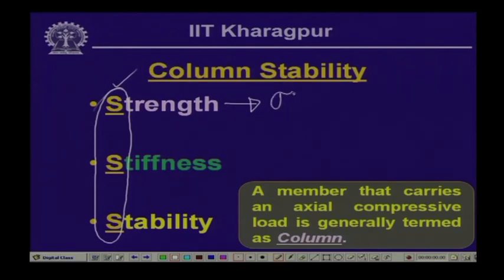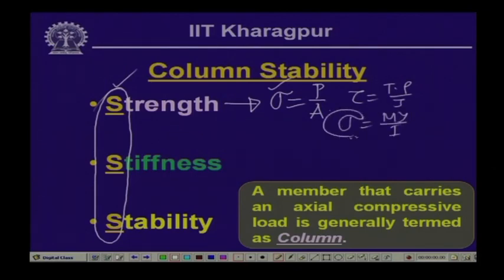Say for example, an axial load divided by the cross sectional area gives you the normal stress. Also, we have computed the shearing stress from the twisting moment, or the normal stress from the bending moment.